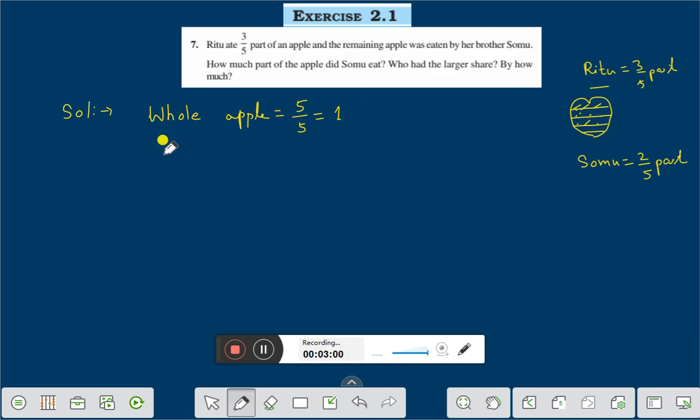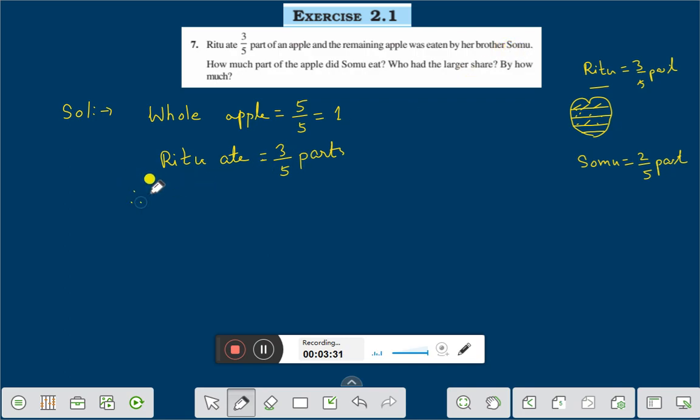Now Ritu ate 3 by 5 parts. Therefore, the remaining apple was eaten by her brother Shomu.